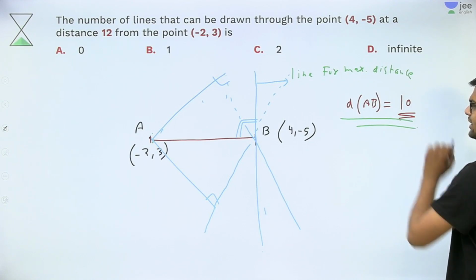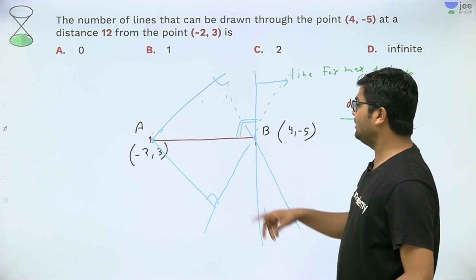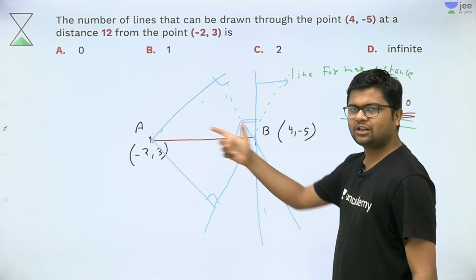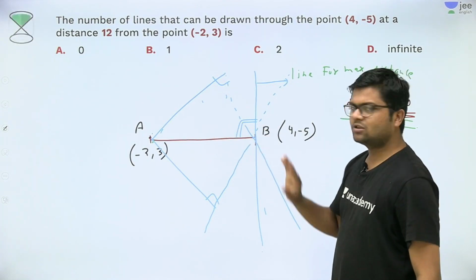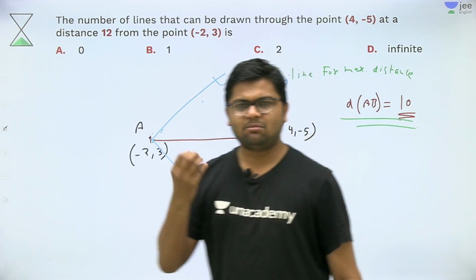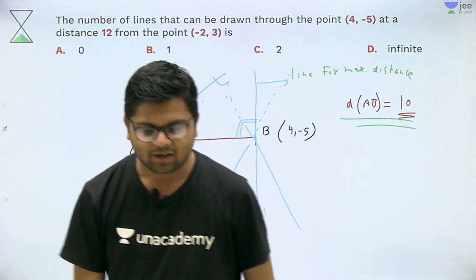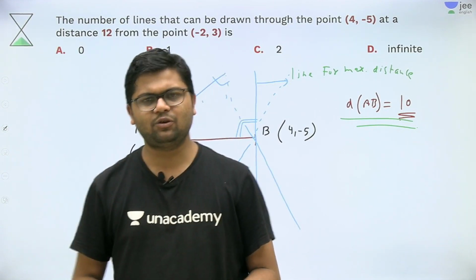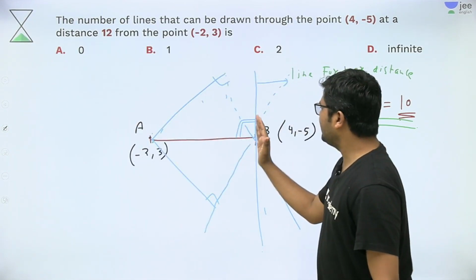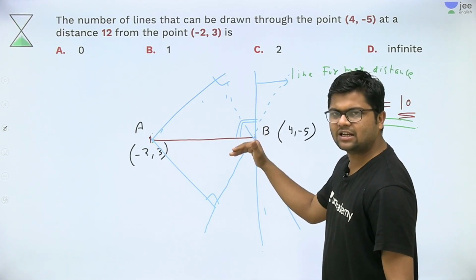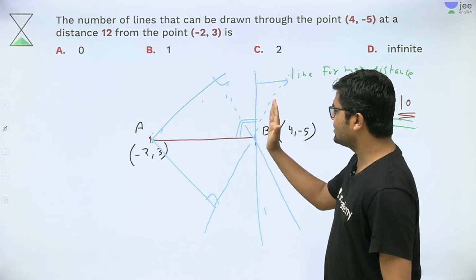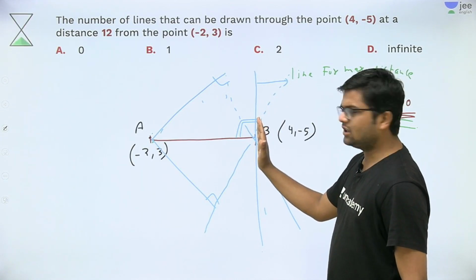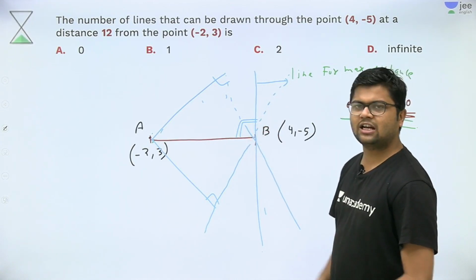So how can there be a line which is at a distance of 12 units from point A and passing through B? There is no such line, because the maximum distance is 10. If I tilt the line inward or outward, the distance will become less. Therefore, the maximum distance of this point from these lines is 10, so there is no such line whose distance can be 12.